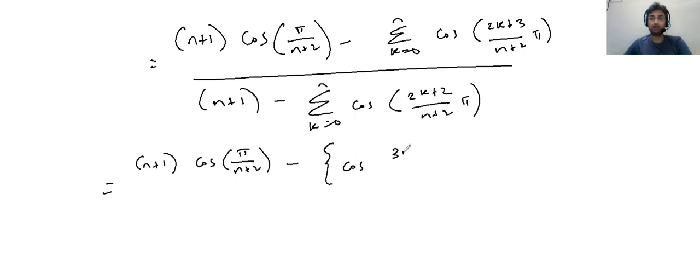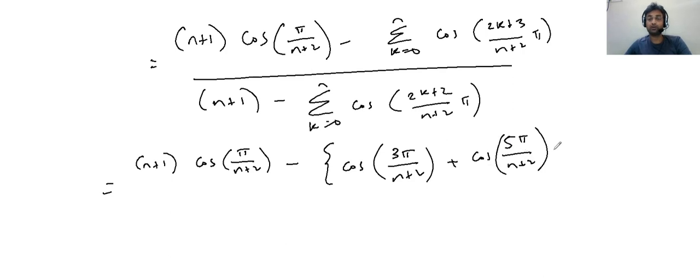So cosine of 3 pi divided by n plus 2, plus cosine of, now k is equal to 1, it's going to become 5 pi divided by n plus 2. In the same way, it's going to become cosine of 7 pi, then 9 pi and so on. Now the final term is going to be 2n plus 3 divided by n plus 2 pi over here. Okay, this is going to become the final term.